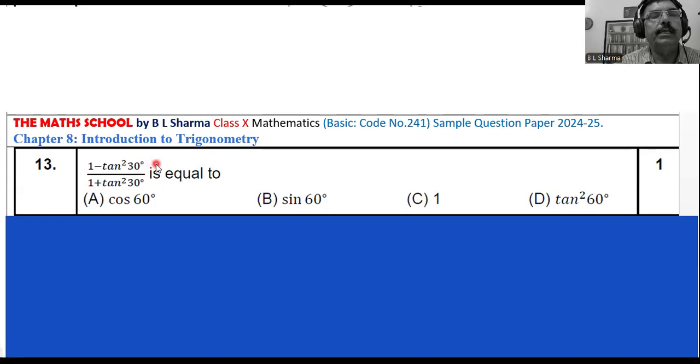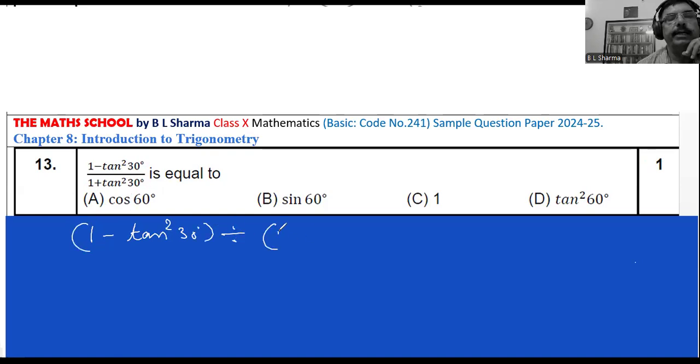One minus tan square 30 degree upon 1 plus tan square 30 degree is equal to, we can write, 1 minus tan squared 30 degree divided by 1 plus tan squared 30 degree.